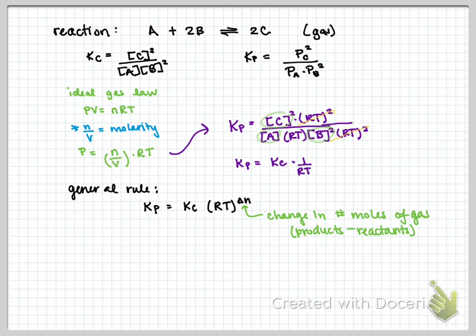Since everything in our reaction was a gas, we have 2 moles of gas as product, because they're both C, minus 3 moles of gas of our reactant of A and 2B. And so 2 minus 3 gives us a negative 1, which would in fact give us Kc RT to the negative 1, or Kc divided by RT, which is what we got before.